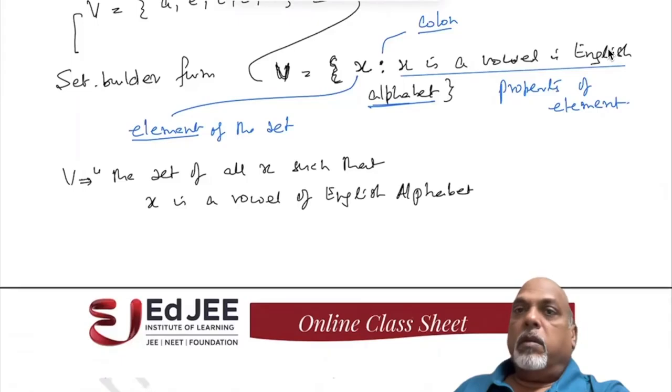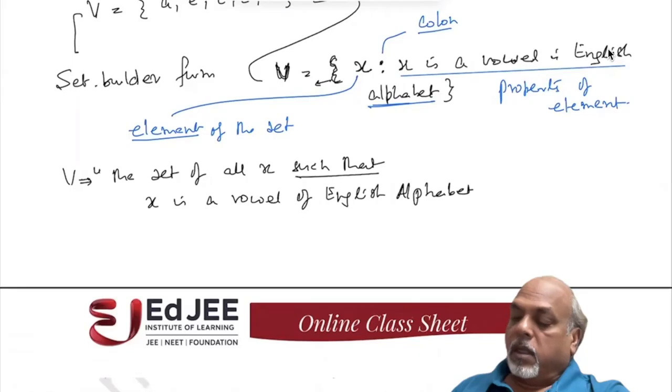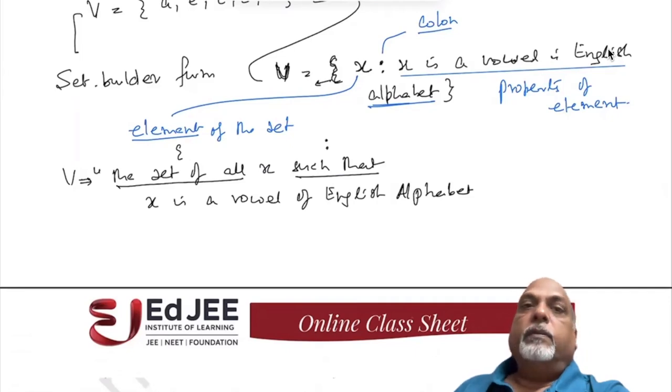Correct? These braces basically mean the set of all. The colon stands for such that. So this is the set of all, braces, such that, colon. Correct?